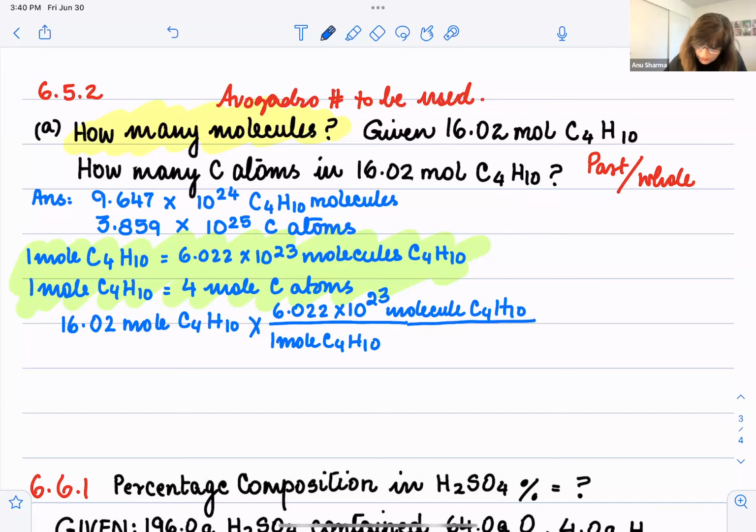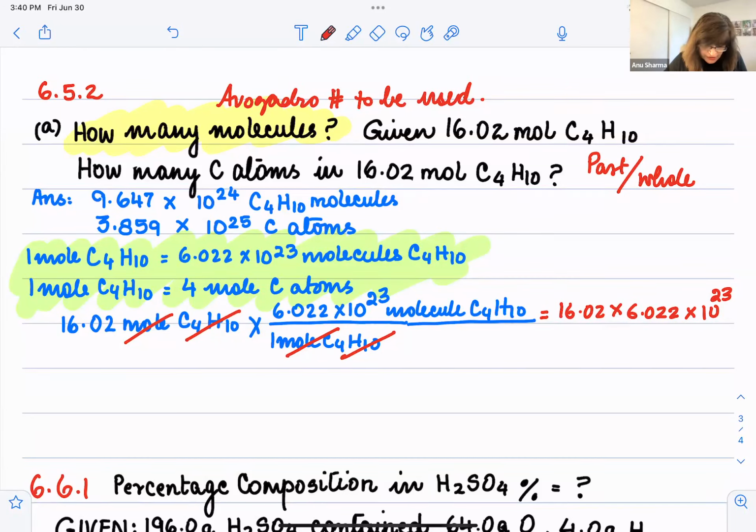Here you see that the moles of C4H10 and the moles of C4H10 cancel out, and you're just left with the unit of molecules, which is what you need to find. The rest is just math. 16.02 times 6.022 into 10 to the power 23, and that is molecules. So let's do the math.